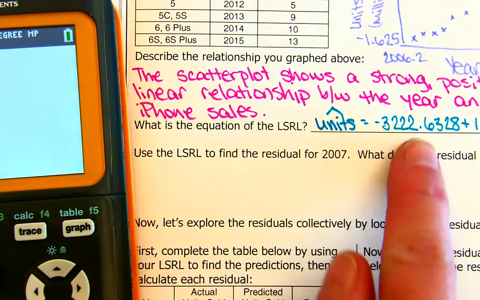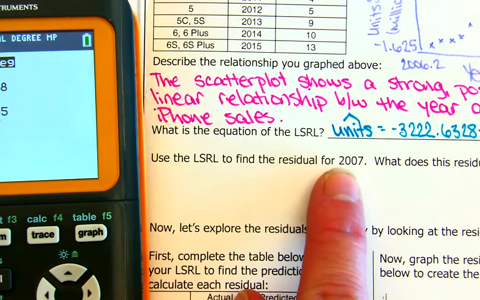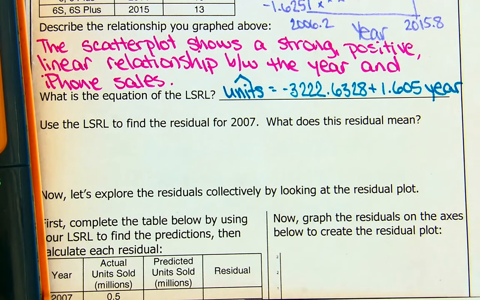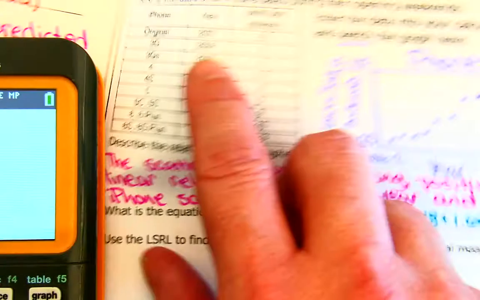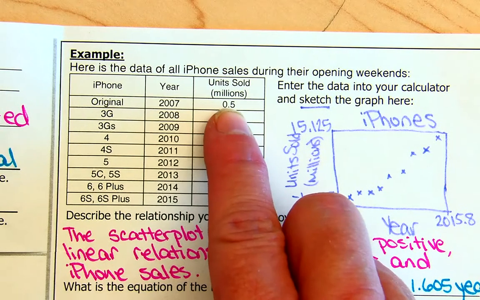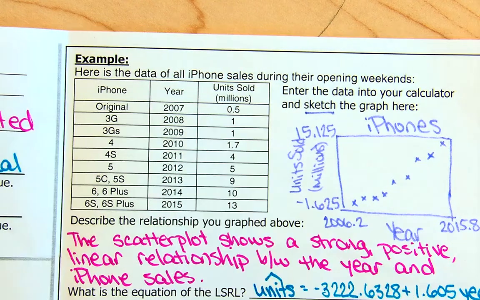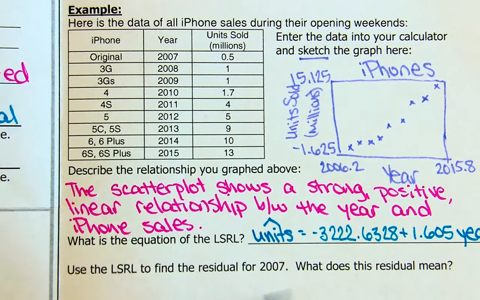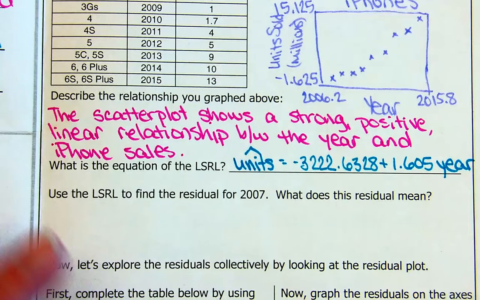Now we want to use this equation to find the residual for 2007. So to find a residual, we need to do actual minus predicted. So we know the actual value for 2007 is 0.5. We need to calculate a predicted value so we can subtract them. So we're going to plug in the 2007 for the year and see what our prediction is.